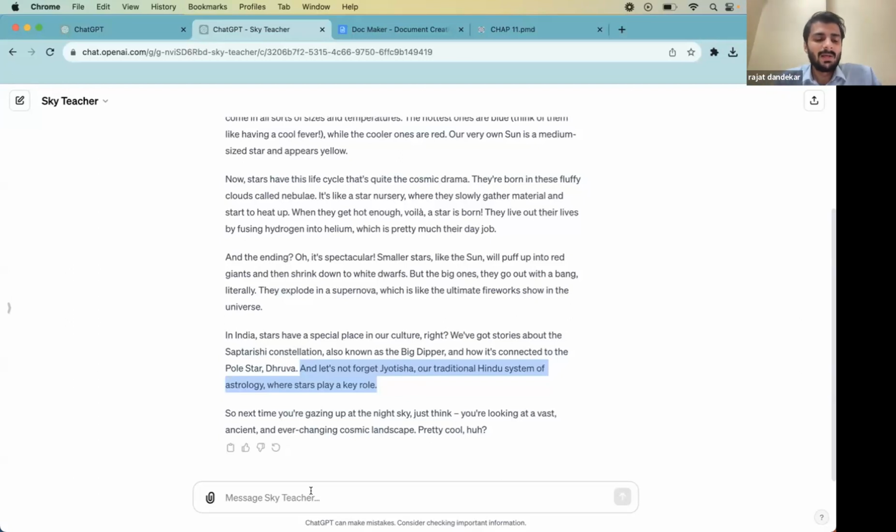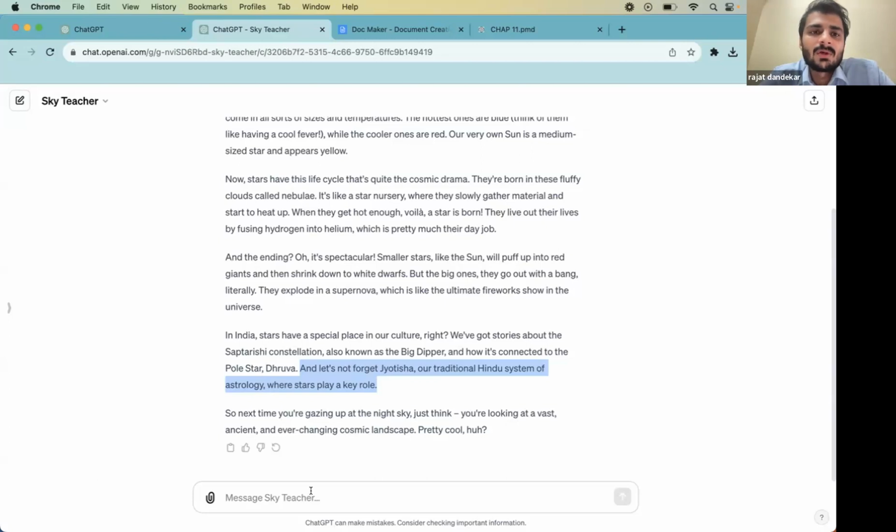So it allows you to build your own GPT, and depending on the kind of subjects that you are teaching, you can actually build a GPT. You can take it to your class and interact with your students about that GPT. This will achieve two things. Firstly, it will involve your students a lot.